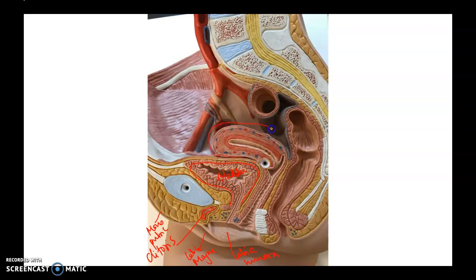This whole thing is the uterus. Now, uterus has different layers. Let me change color. The outermost layer, the one that I'm lining with green color, this is called the epimetrium.